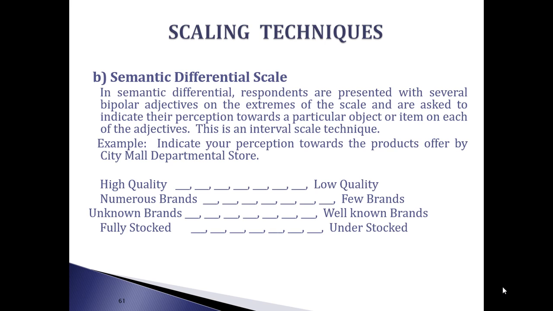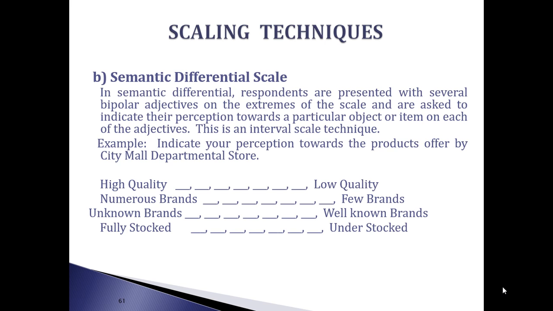Semantic differential scale. In semantic differential, respondents are presented with several bipolar objectives at the extremes of the scale and are asked to indicate the perception towards a particular object or item on each of the objectives.